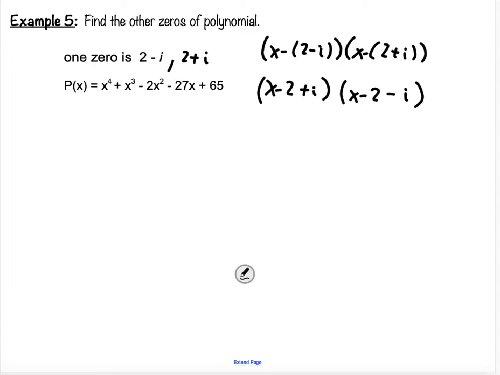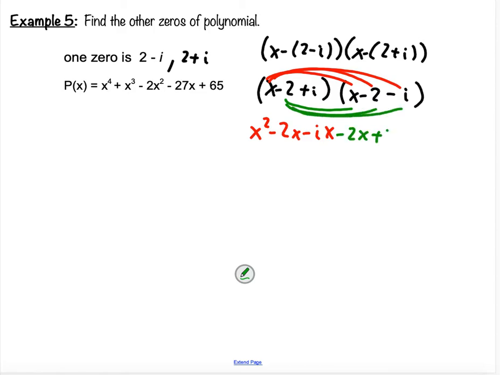Now I'm going to go ahead and multiply this, so I'm going to use the distributive property 3 times. There's 1 time, I'm going to distribute the x through. Now I'm going to distribute the minus 2 through the second set of parentheses. And then I'm going to distribute the positive i through the second set of parentheses.